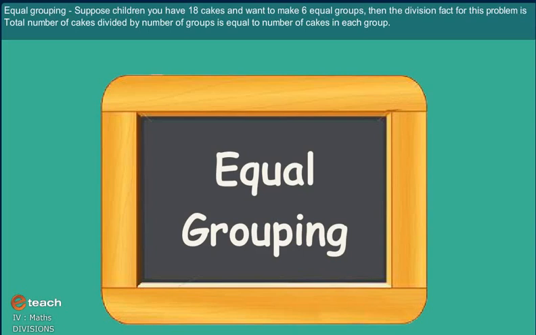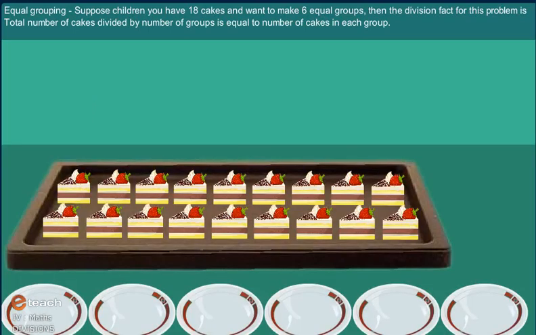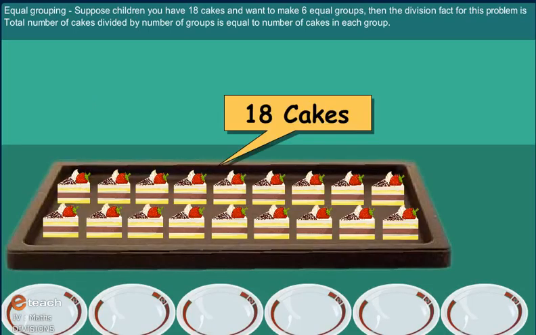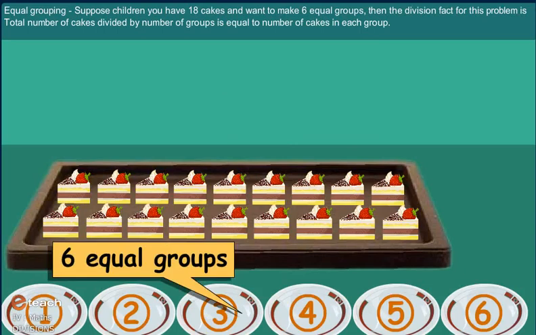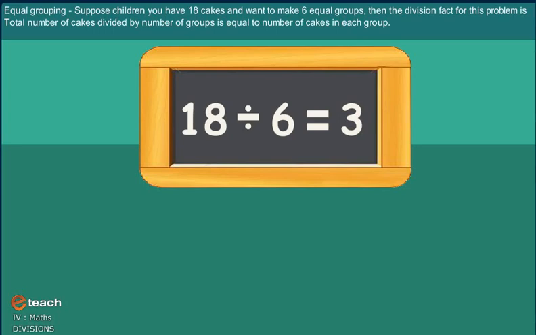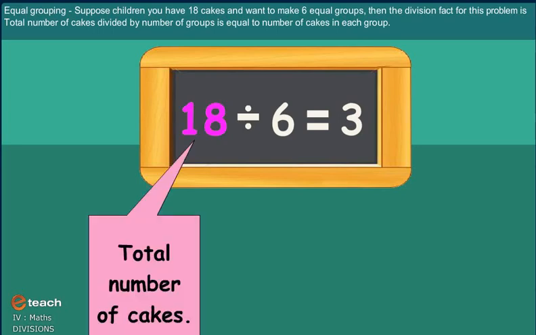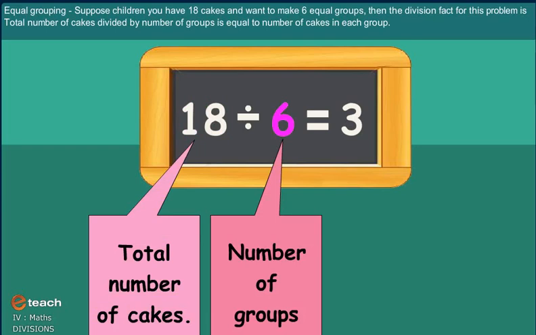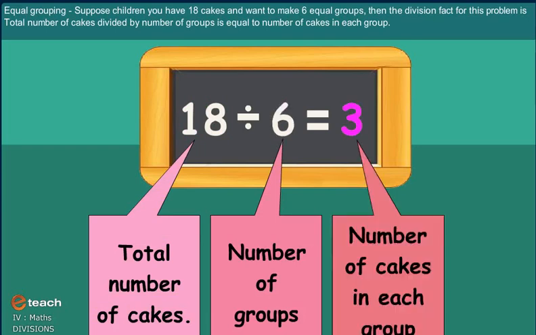Equal grouping. Suppose, children, you have 18 cakes and want to make 6 equal groups. Then the division fact of this problem is: total number of cakes divided by number of groups equals number of cakes in each group.